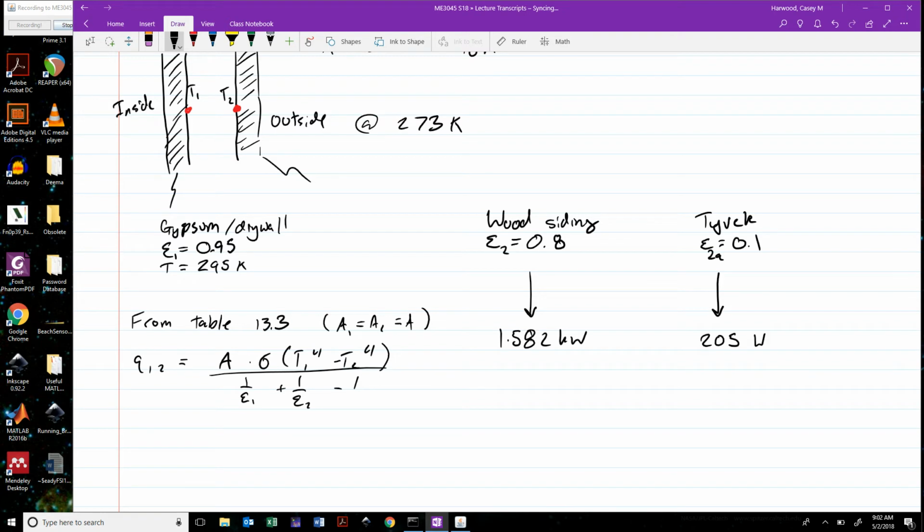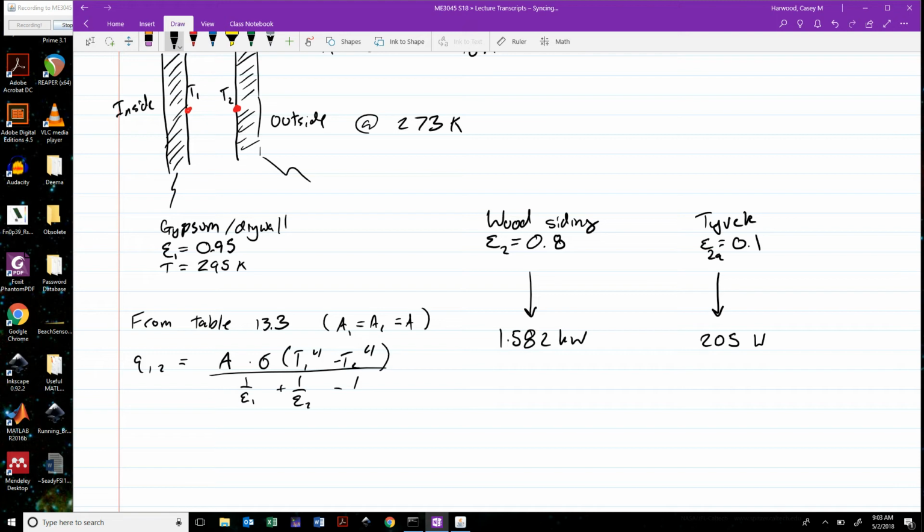All right, and the remarkable thing is just by adjusting the emissivity of one of those surfaces, and using something that's this paper thin sheet, we end up with cutting that number down by about 80%, 85%.